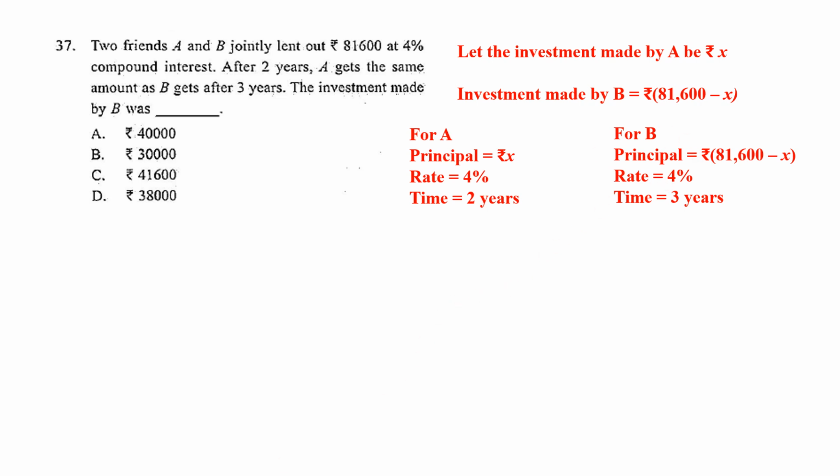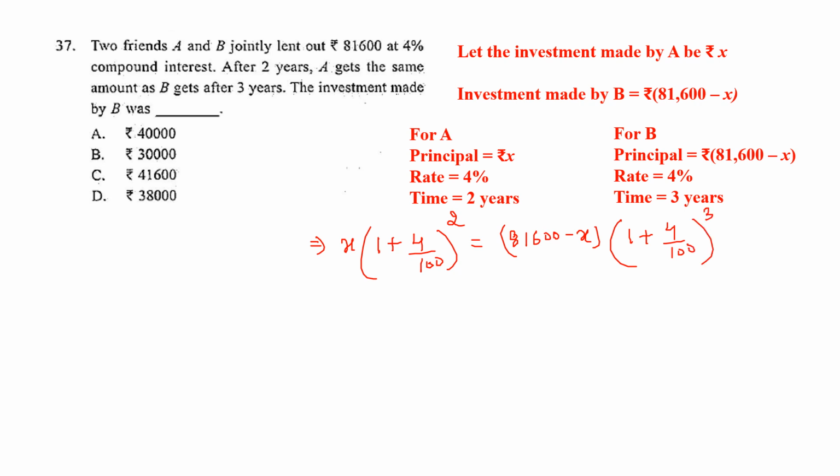The formula to find the amount is principal multiplied by 1 plus R by 100 whole to the power number of years, right? So here principal is X, 1 plus rate 4 by 100, and time is 2 years. This is equal to 81,600 minus X, then 1 plus 4 by 100 whole to the power 3.